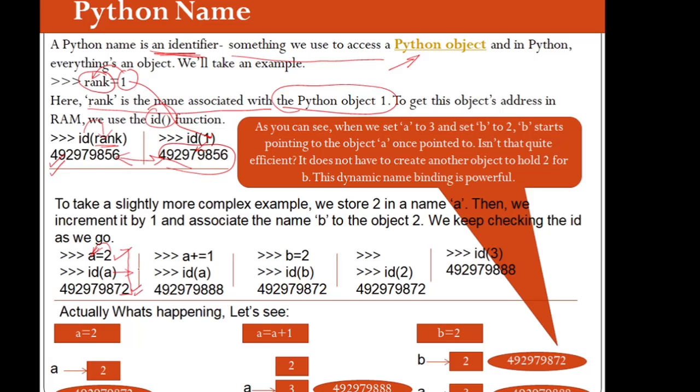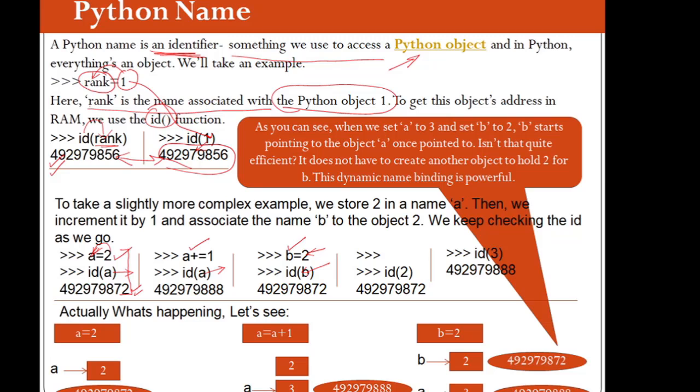Then you increment a by 1 and try to find the address of the object a. Here it is different. Then you assign a new variable b the value 2.